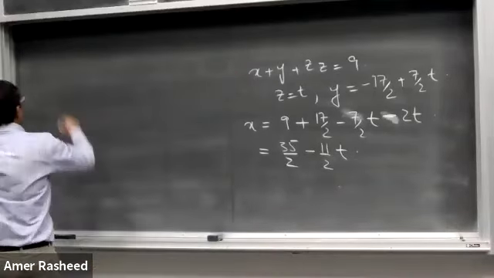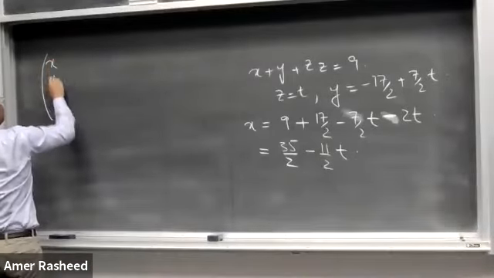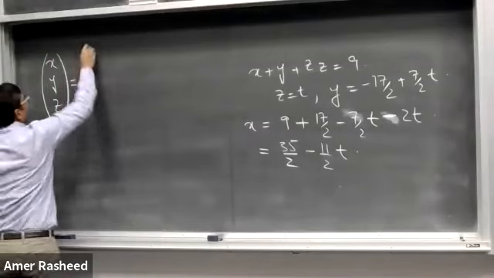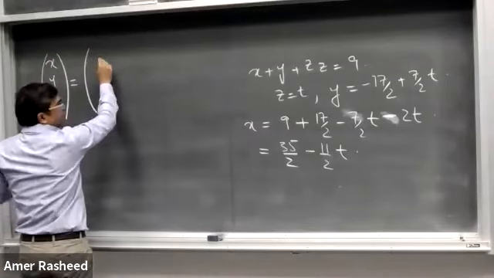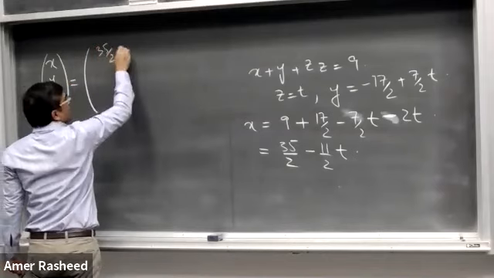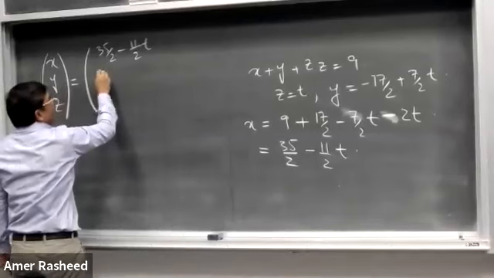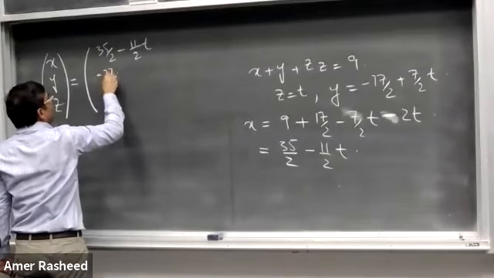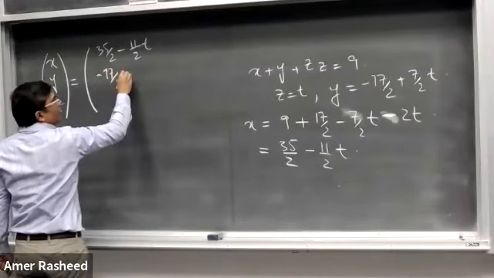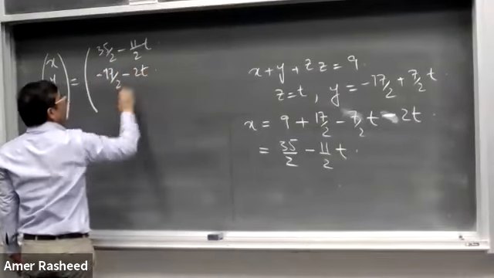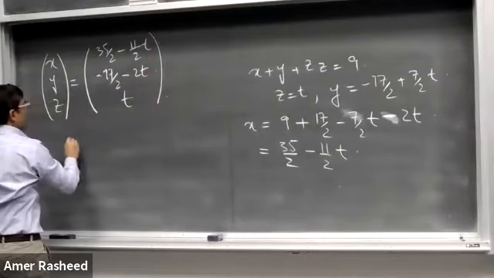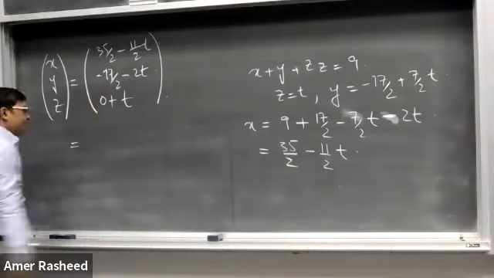You got my point? Now, you can write the solution x, y, z in vector form as what? Your x is what? 35 by 2 minus 11 by 2 t. And y is what? It is minus 17 by 2 plus 7 by 2 t, and then z is t. Okay? Now here we can write this as 0 plus t.